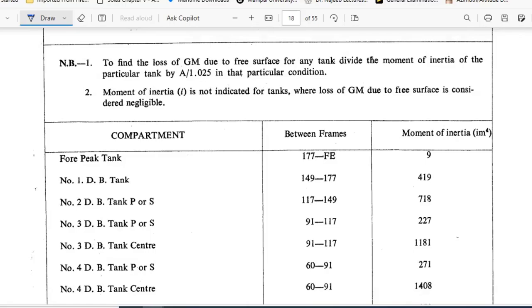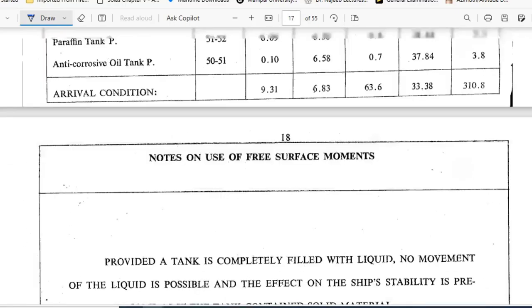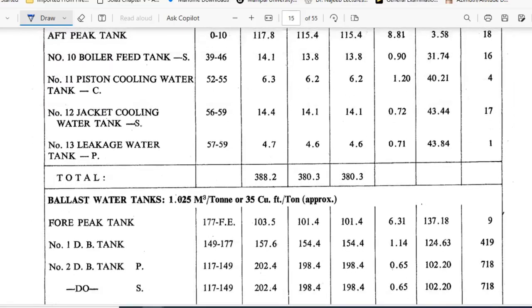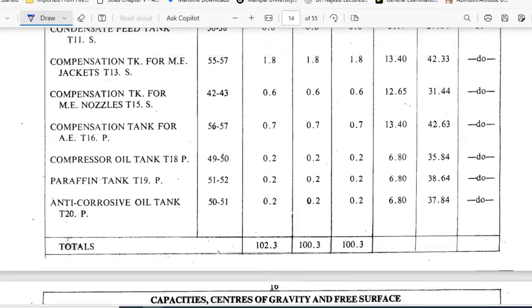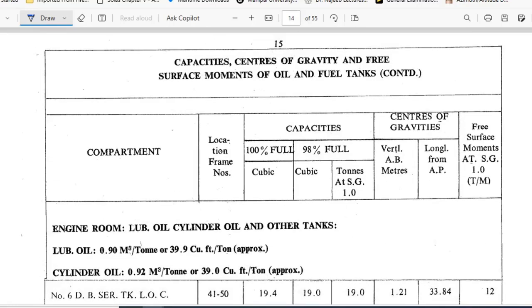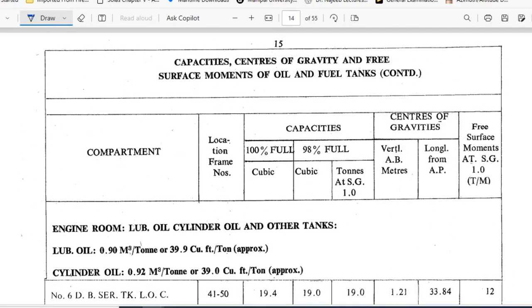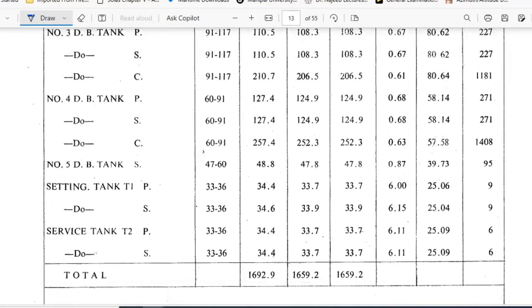देखो, मोमेंट ऑफ इनर्शिया दे रखा है. इससे पहले पेज 13, हाँ ये आ गया ना कैपेसिटी. सारी कैपेसिटी दे रखी है. Page number 15, capacities.